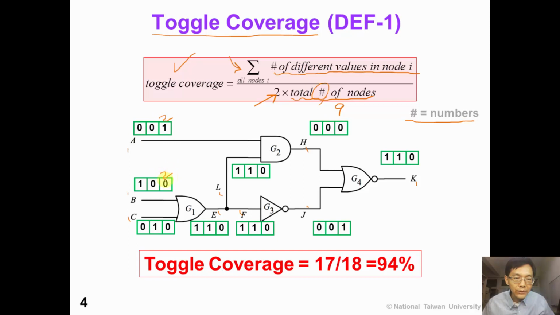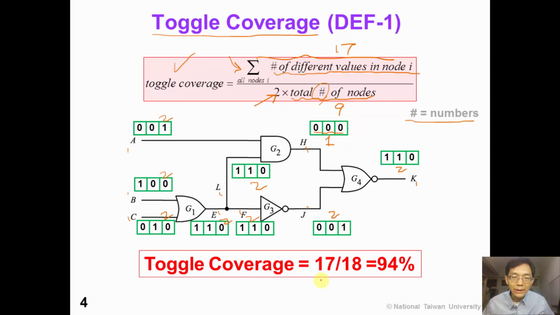For B, we have 0 and 1, so also 2 different values. C is 2, E, F, L also. But for H, we only have 1 value, which is 0. For J, we have 2, and K, we have 2. So totally, we have 17 different values.